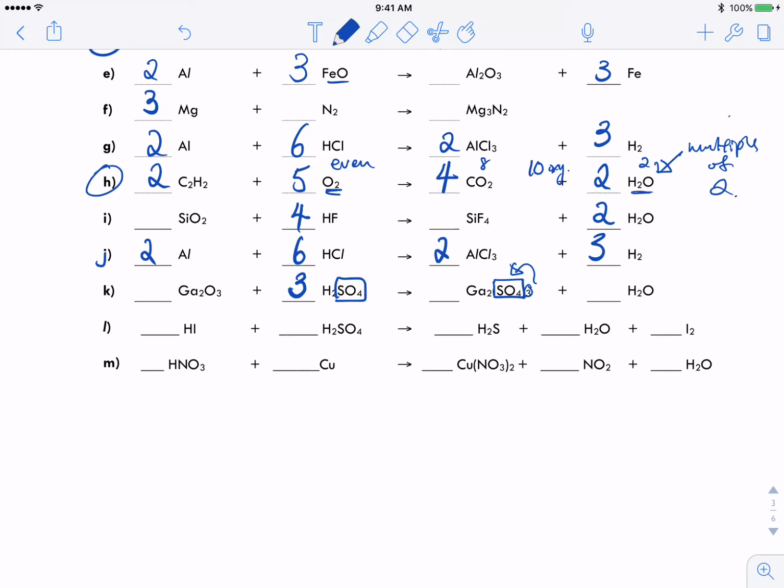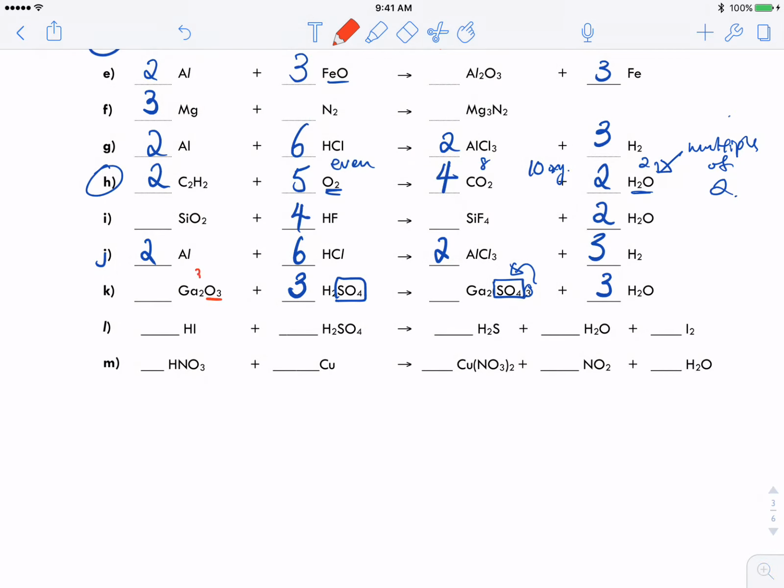Let's look at oxygen. On the left hand side, my hydrogen is not balanced yet, so let's look at hydrogen first. There's 6 hydrogen on the left hand side. On the right hand side, there's only 2, so let's multiply by 3. Let's count the number of oxygen.